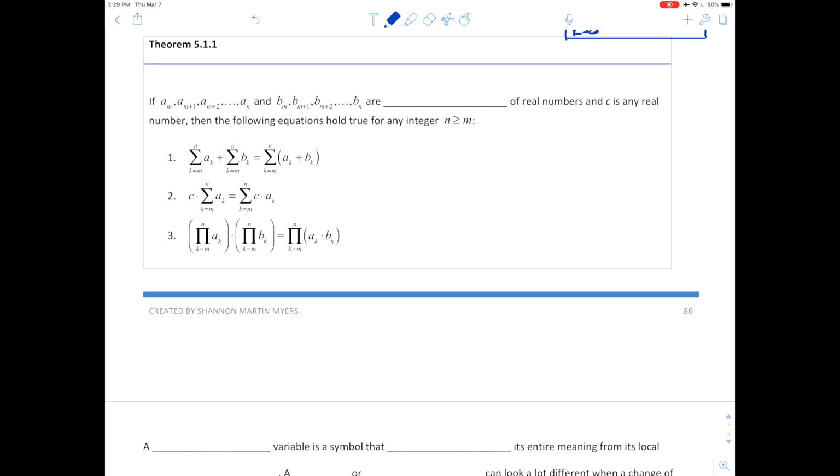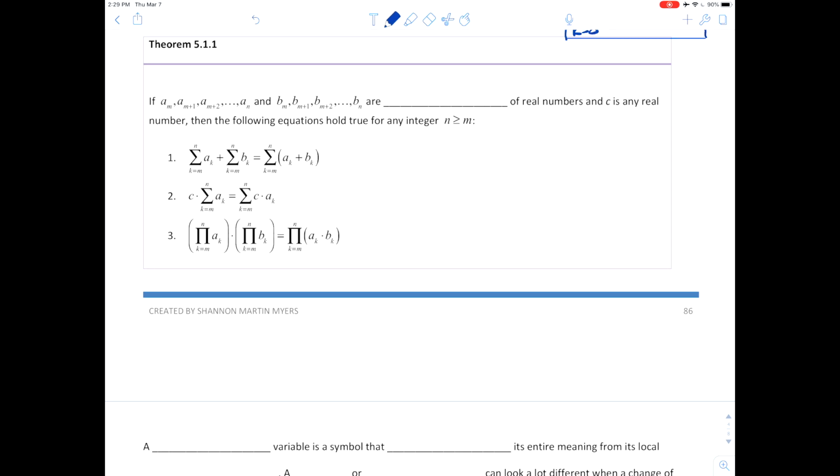They have to have the same starting number, the same initial limit and then the same upper limit, in order to do this first property.